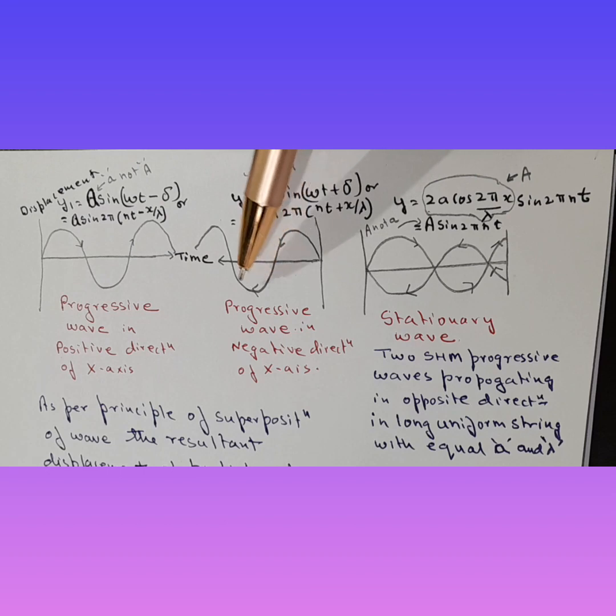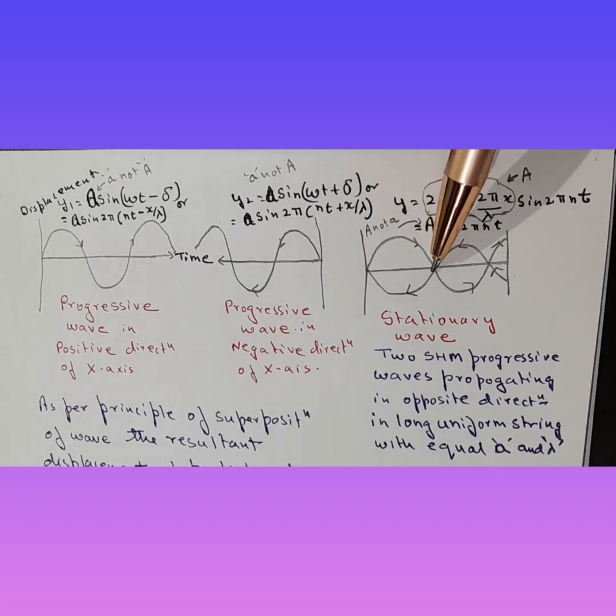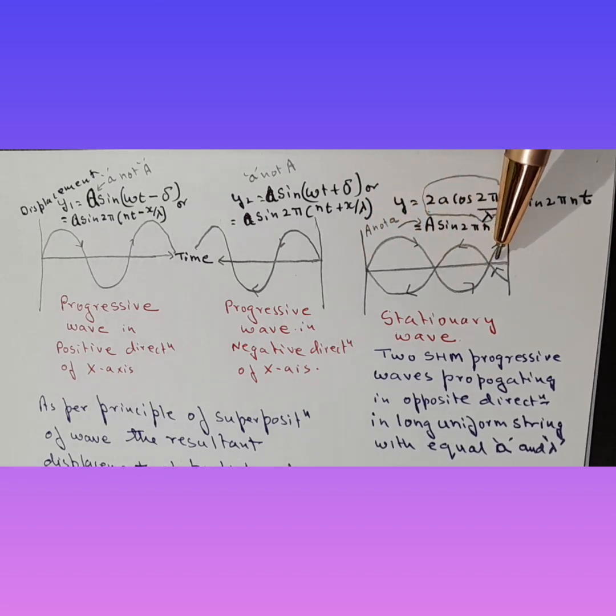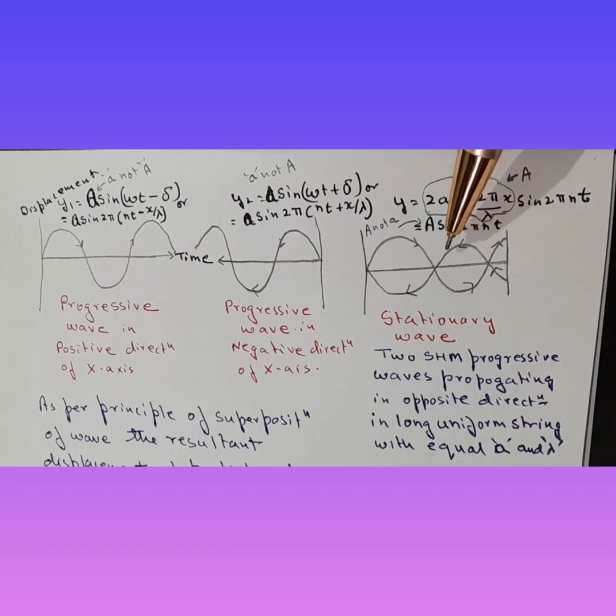This is yet another progressive wave having the same wavelength and the same amplitude. This is the situation. This wave is moving towards the positive direction of the x-axis, and this one is moving towards the negative direction of the x-axis.